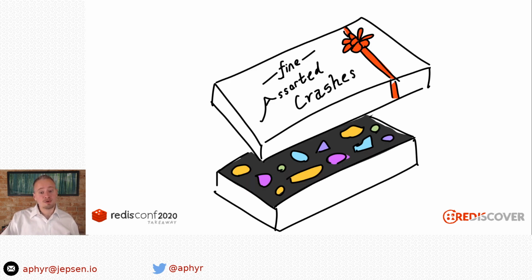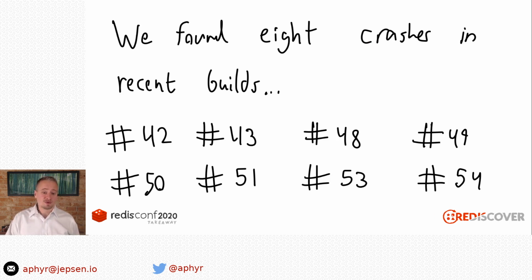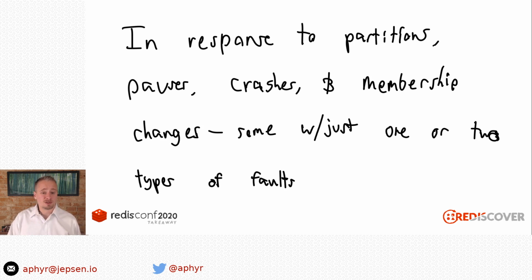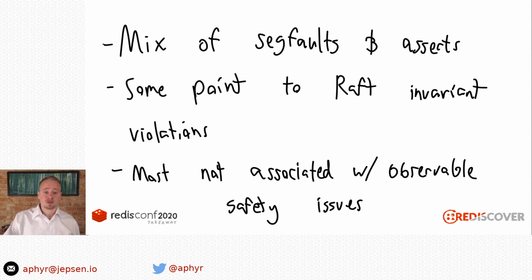But in 2D1C, we found an assortment of other issues, a collection of crashes. We found 8 different crashes in recent builds: 42, 43, 48, 49, 50, 51, 53, and 54. These crashes happen in response to network partitions, pauses, crashes, membership changes. Some of them just required a pause or just required a crash or partition. Others required a combination of faults.